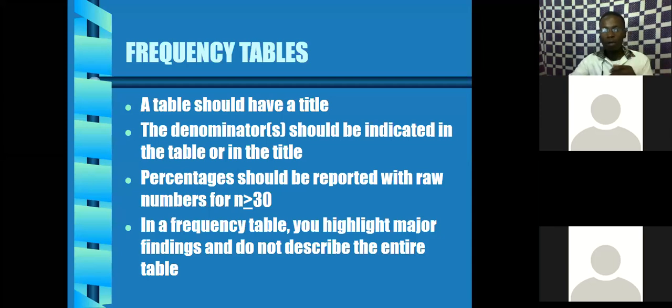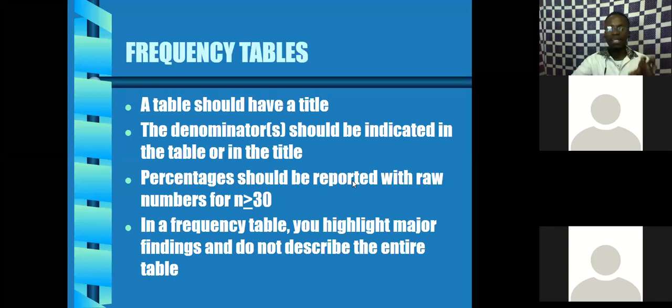So we're saying that a frequency table should have a title. You can't just draw a frequency table without indicating the title. All right. Now, other than that, the denominator should also be indicated. Then percentages should be reported with the raw numbers. Okay, like I gave an example.